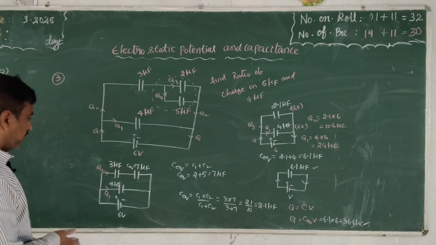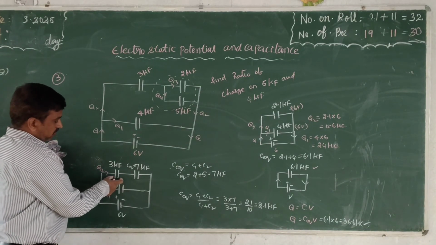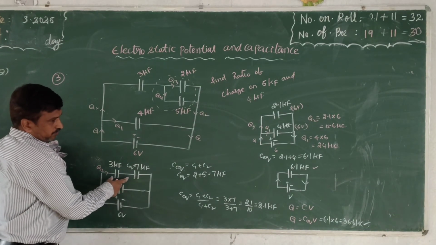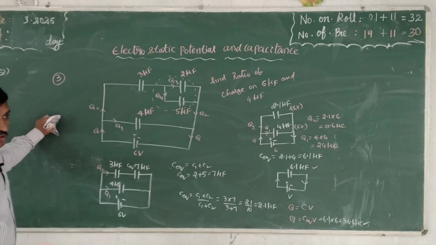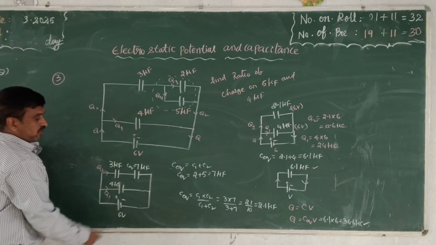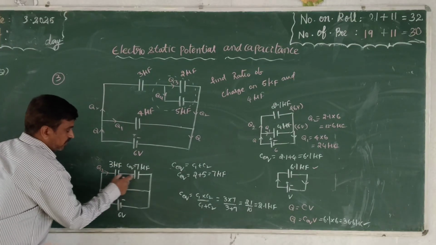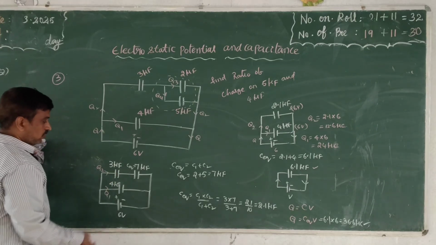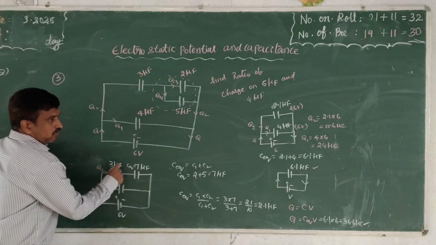Now we want to find out, see, Q2 is the same here and here. Why? Because they are in series. So we want to find out the potential. What is the potential at 3 microfarads? What is the potential at 7 microfarads? For finding the potential, we can use charge and capacitance.